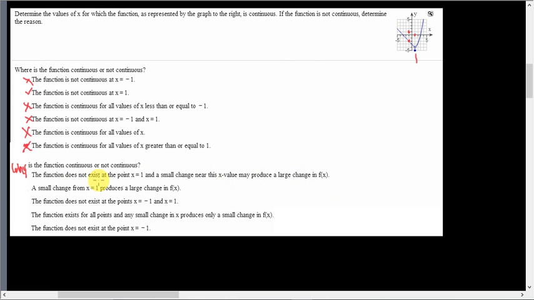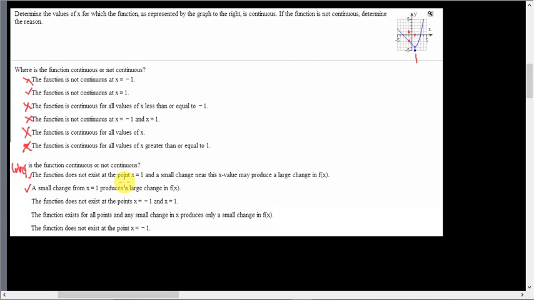It seems like it could be right. A small change from x equals 1 produces a large change in f of x. That one seems right too.